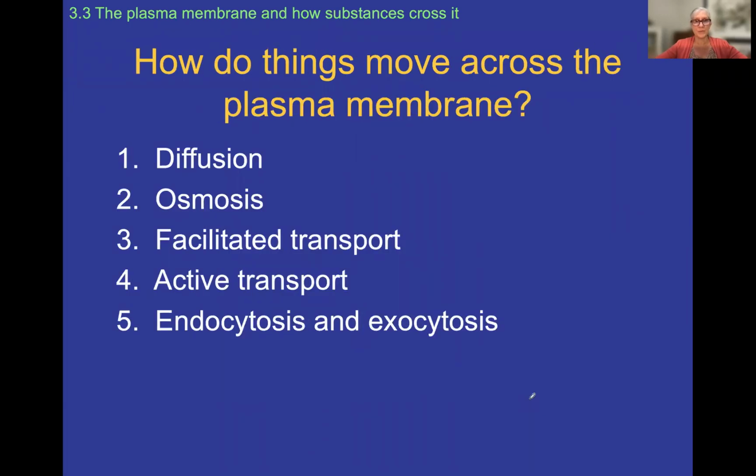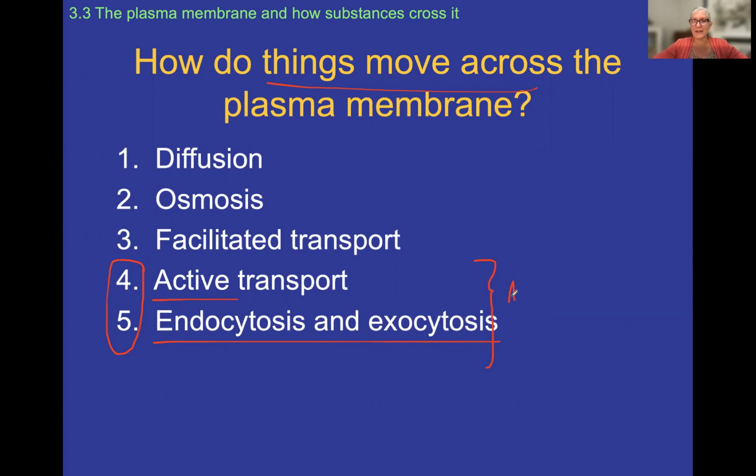All right, so I'm going to very briefly go over the processes that help move things across the membrane: diffusion, osmosis, facilitated transport, also called facilitated diffusion, active transport, and endo and exocytosis. These two here are going to be part of processes that require energy.